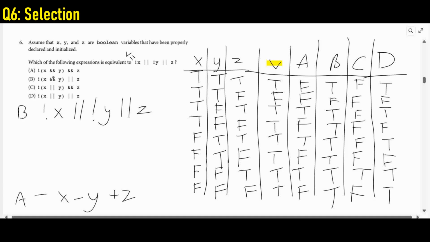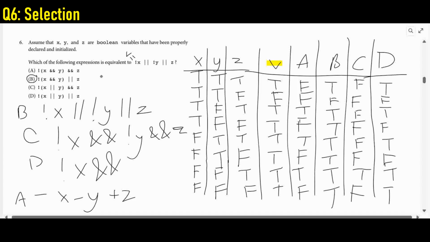So I'm going to highlight that as my answer. But I'm just going to go over the rest of these real quick to show you that the rest of these are not going to match the expression given.